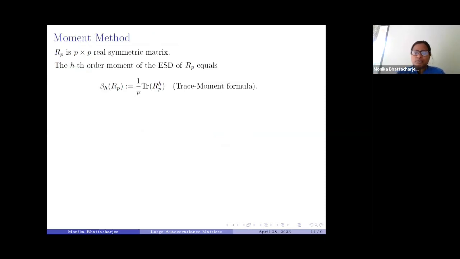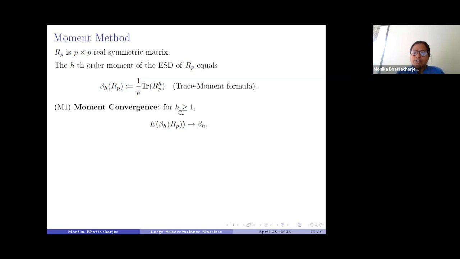Whereas the moment method is useful, where we deal with the convergence of this kind of quantity, where R_P is a symmetric matrix, so therefore R_P to the power h will also be a symmetric matrix, and basically the expected average trace. In the non-commutative algebra made by all the matrices, we get all the polynomials, and if we consider the state to be the expected average trace, that helps us get the convergence.